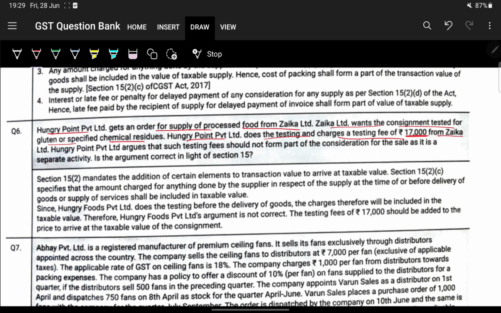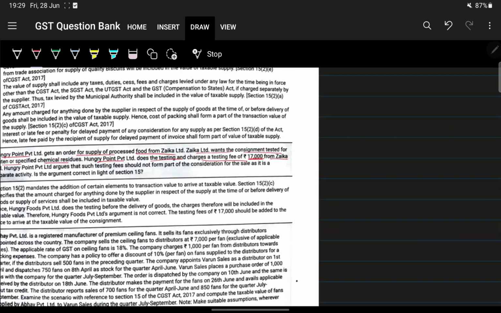Basically, H is the supplier and Z is the recipient. Z is asking H to conduct some testing, so H conducts the testing and bills it to Z.